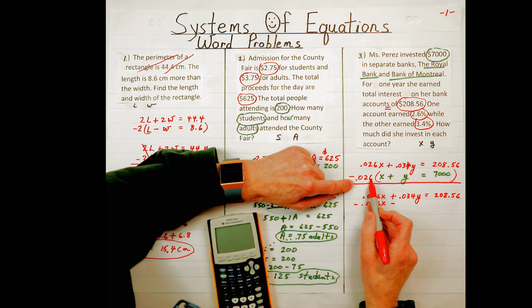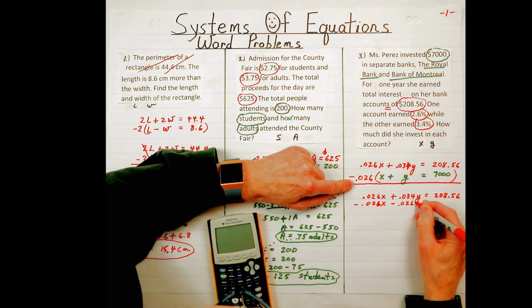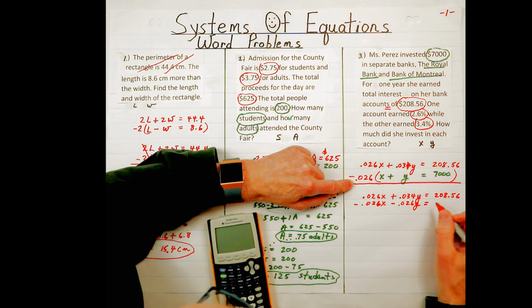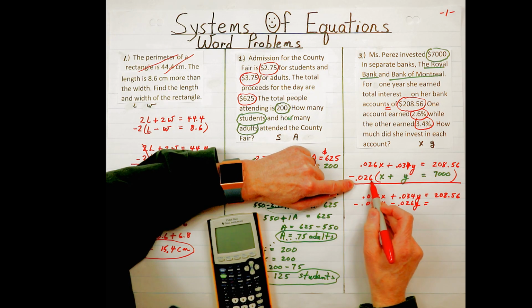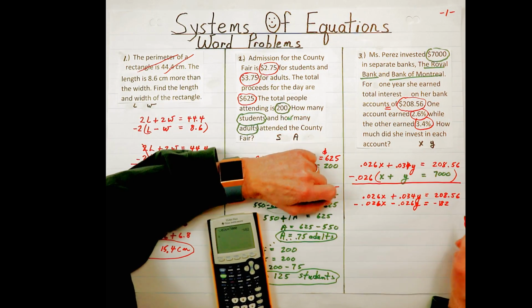Negative 0.026 times y is negative 0.026y. And negative 0.026 times 7,000 equals negative 182.